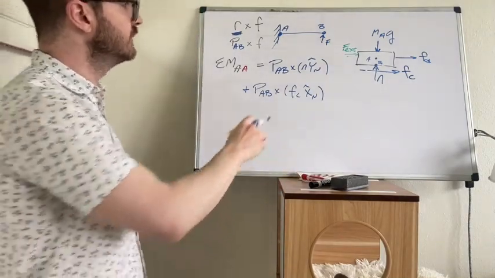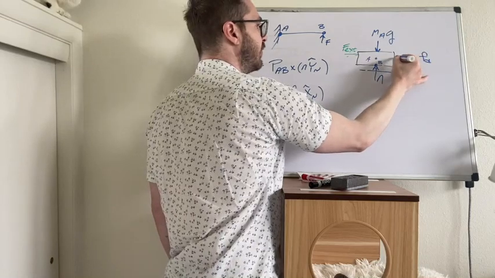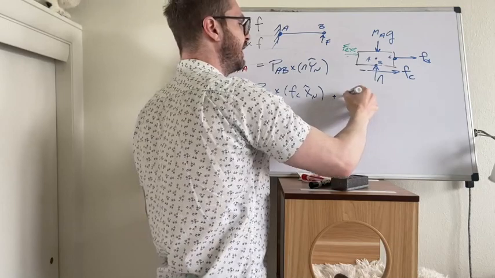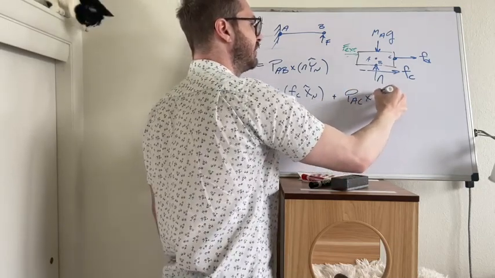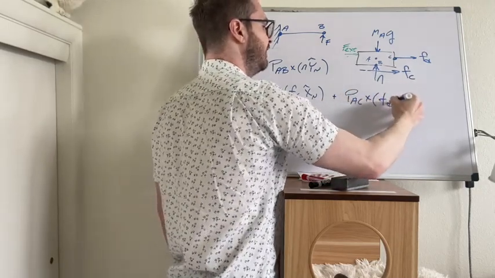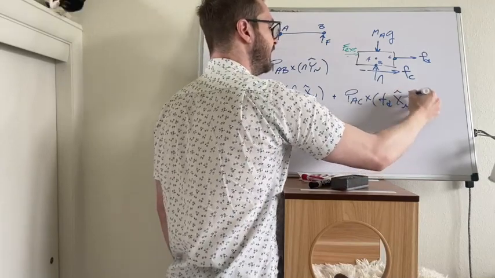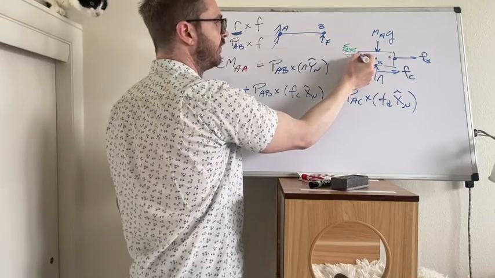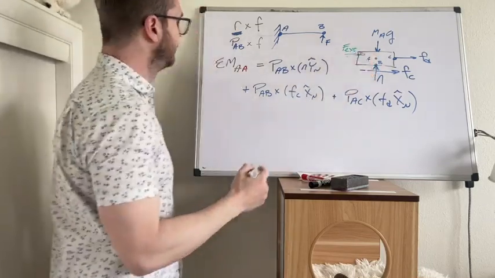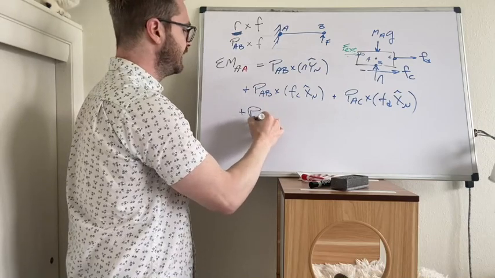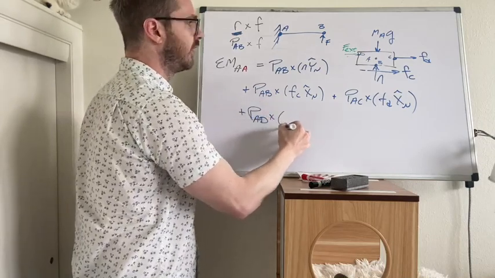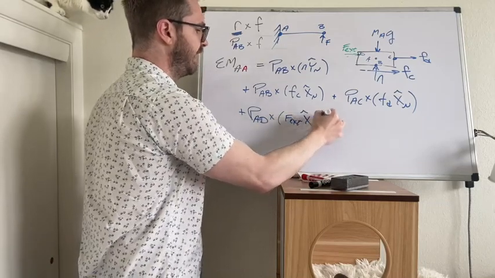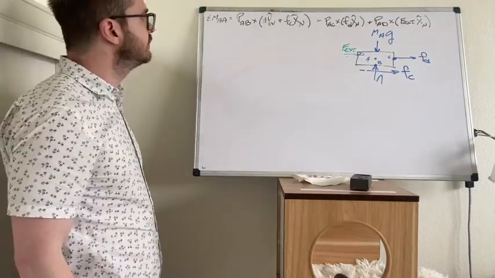Next, we've got this drag force. Let's say that the drag force is acting here. This is point C. So we've got plus P_A/C cross Fd, and Fd is in the x hat n direction. And then what do we have? We also have this external force up here. Let's call this one D. So finally, P_A to D cross F external, and this is acting in the x hat n direction.